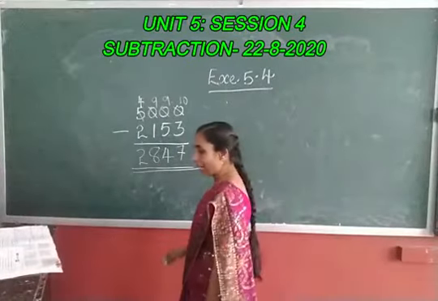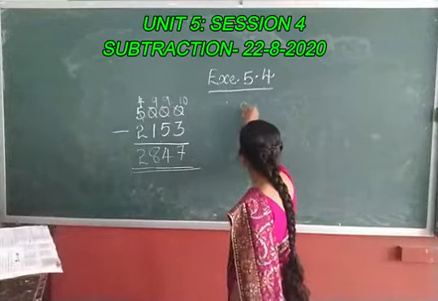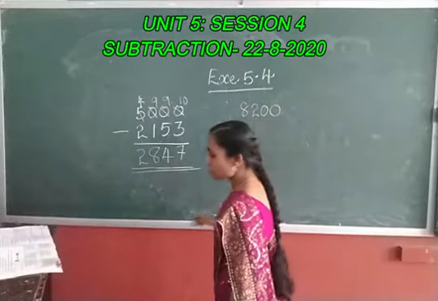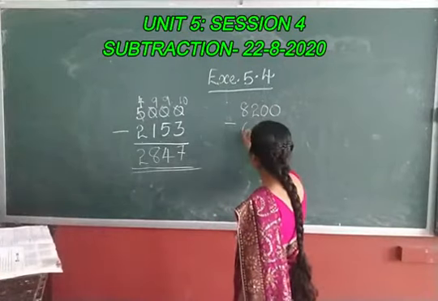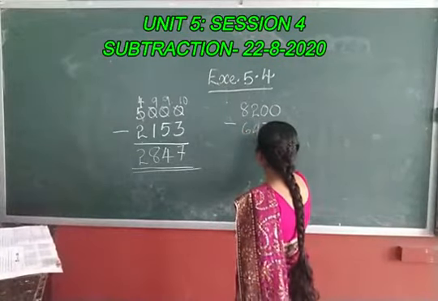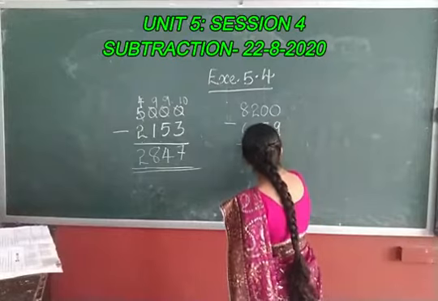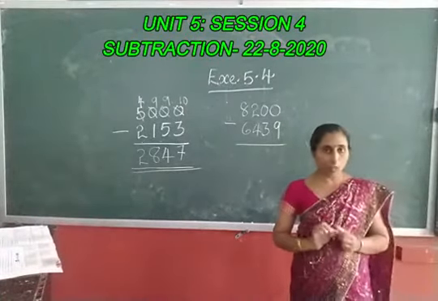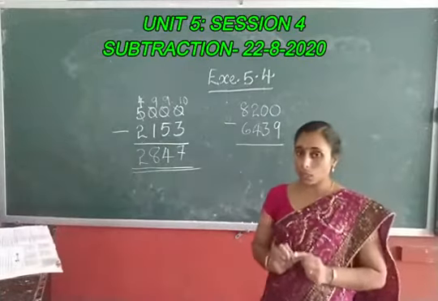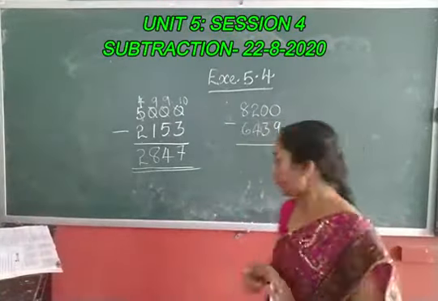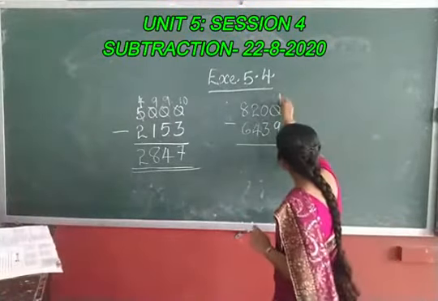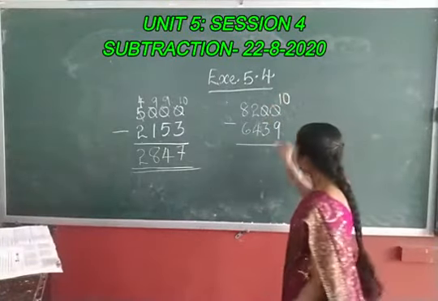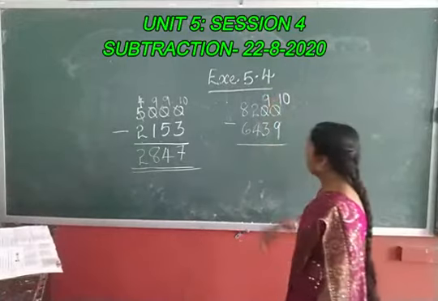Next question. 8200 minus 6439. 0 minus 9 is not possible because 0 is smaller than 9. So here 10 cancel. And here we should write 9.